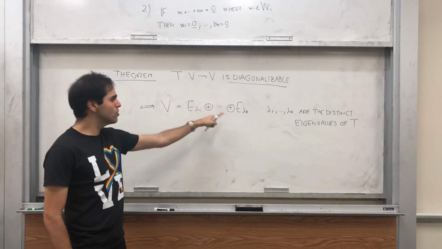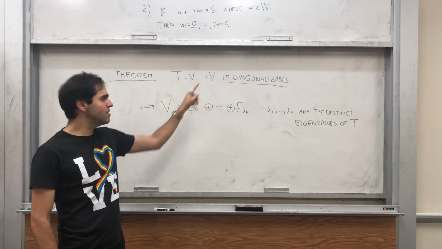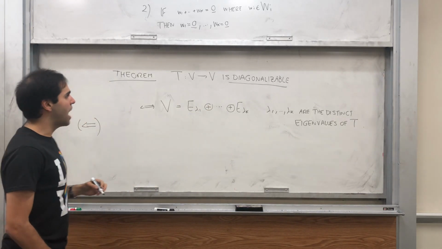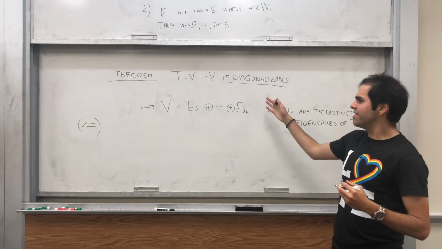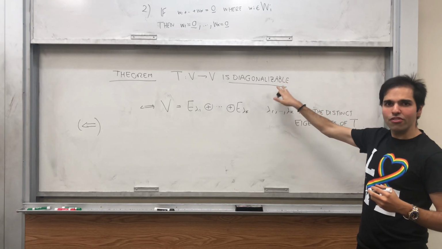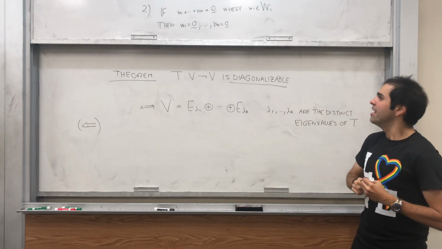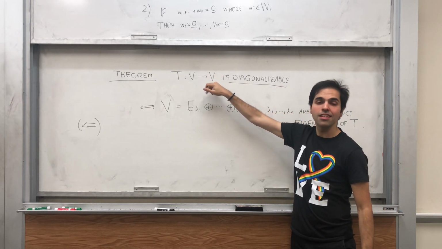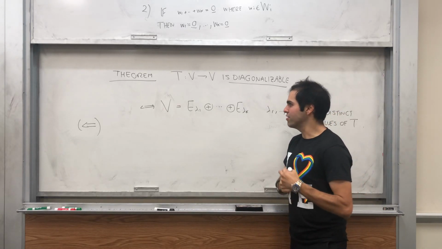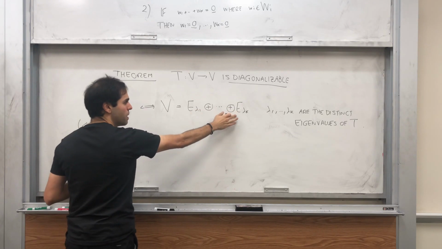So suppose we have a direct sum. V is the direct sum of eigenspaces, and let's show T is diagonalizable. So what we need to show is that there's a basis of your vector space consisting of eigenvectors of T. But we have those eigenspaces here.